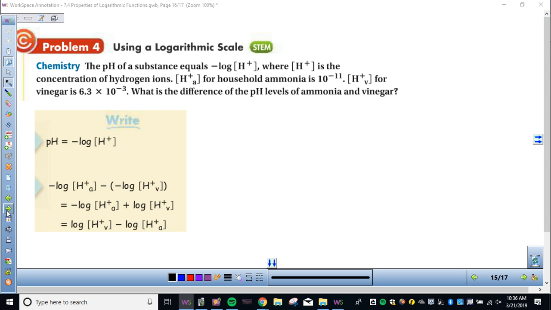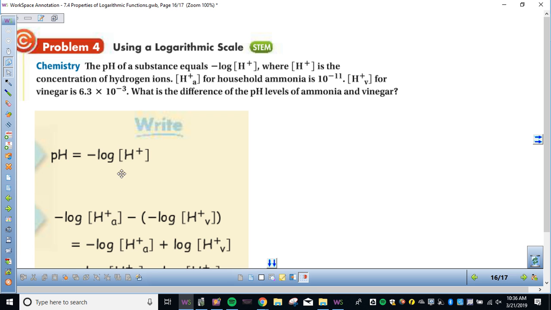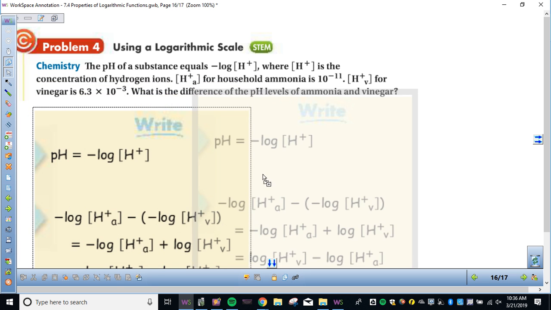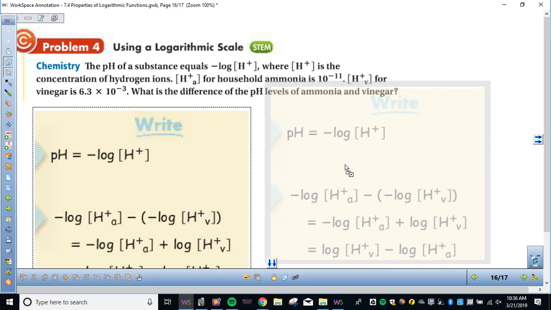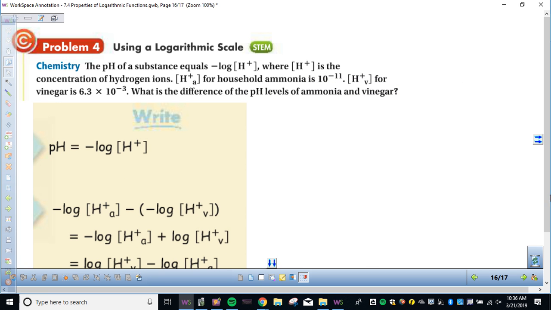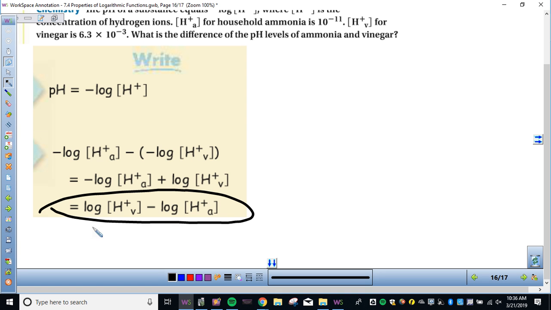All right. Last one. I want you to write this formula down. Let me make it a little bigger. Write that formula down right there. This is the formula I would give you on a quiz or a test.